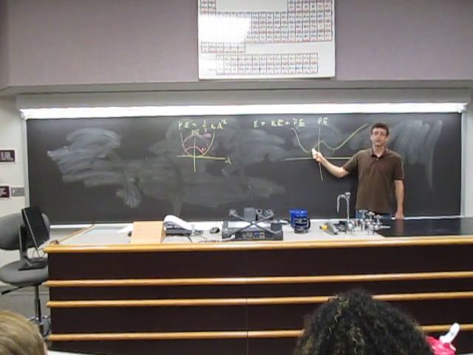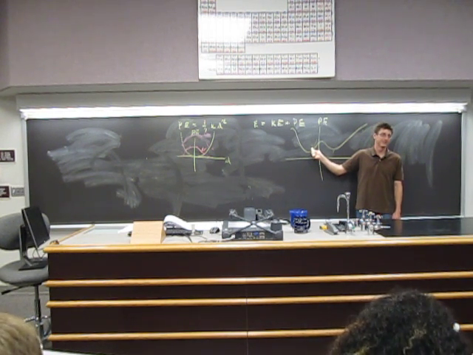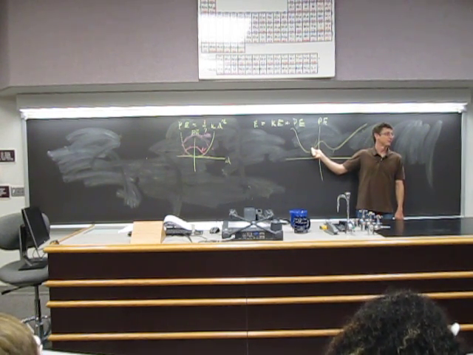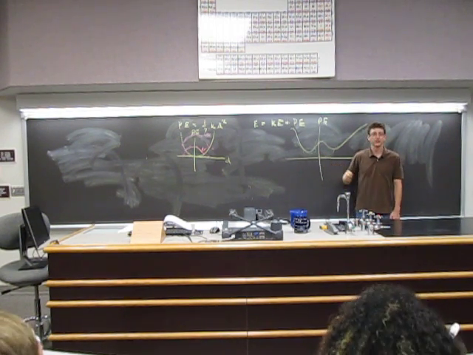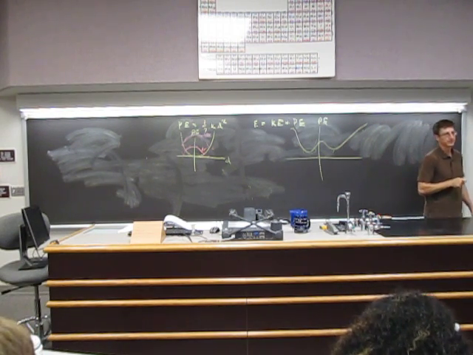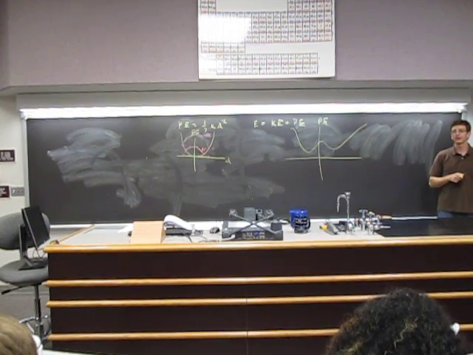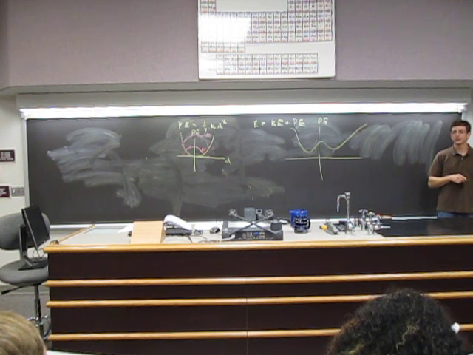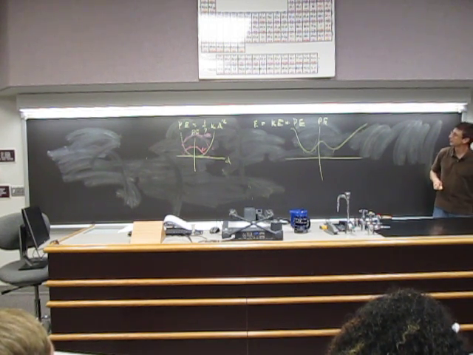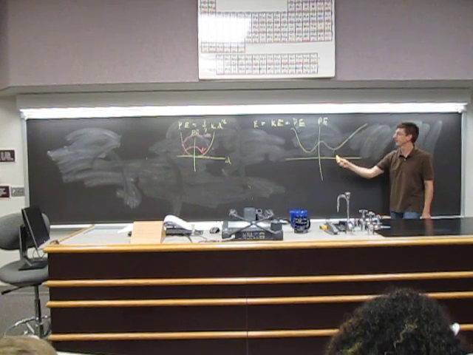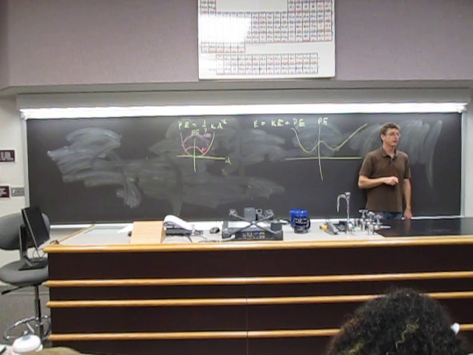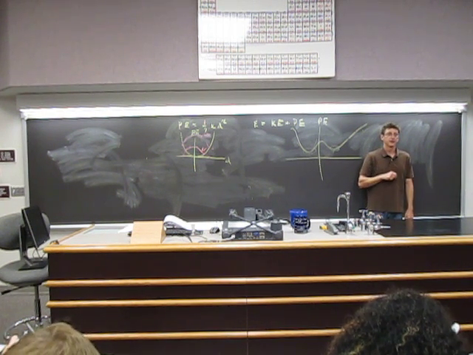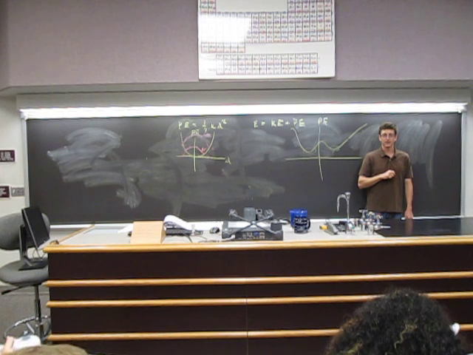And I can pretend that this is a mass on a spring, because it has the same shape of potential energy as a spring, right near the minimum of any potential energy graph. So this mass on a spring becomes very, very general in dealing with any type of potential energy, because near any minimum of potential energy, the potential energy graph looks like a parabola, and the system will behave like a mass on a spring.